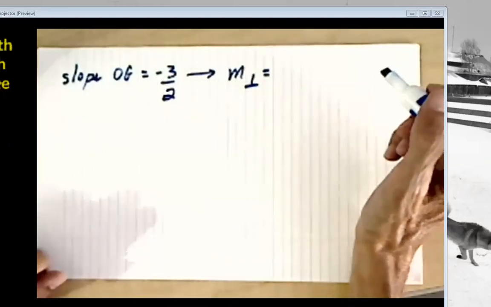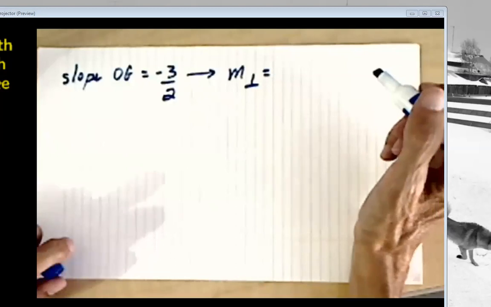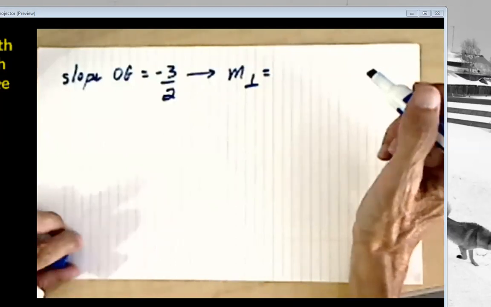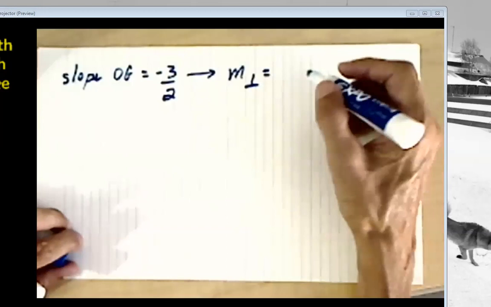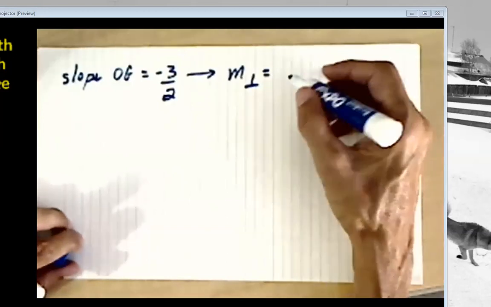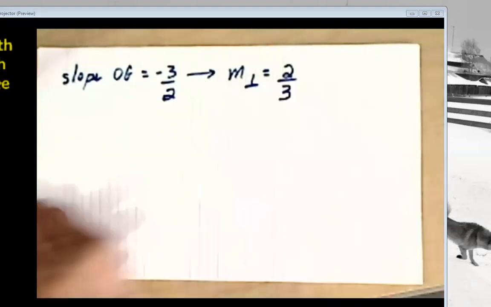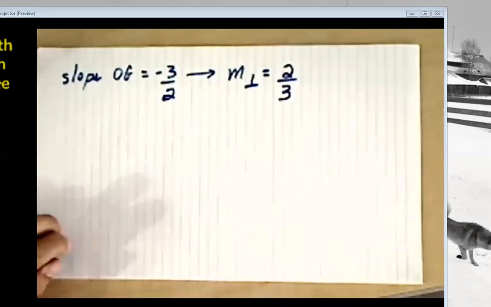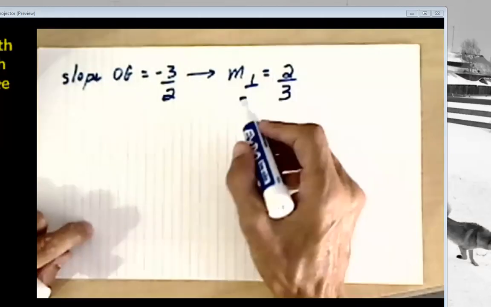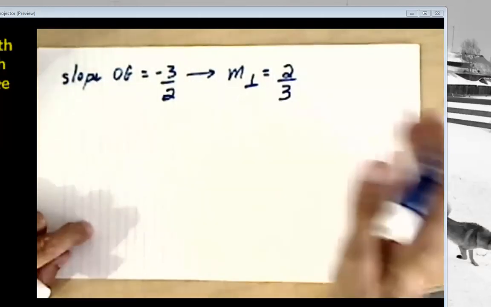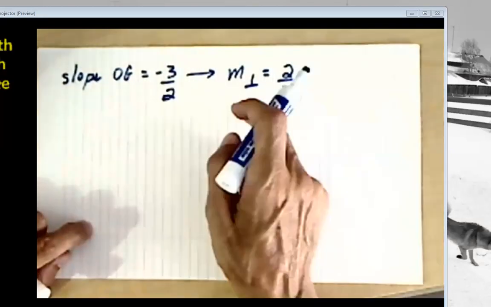Okay, one of those. You gave me 5 answers. 2/3. Yeah, good. 2 over 3 it is. Okay. Upside down and the opposite sign. That's true. Symbol for perpendicular instead of that big long word, right? That's how the cool kids do it.